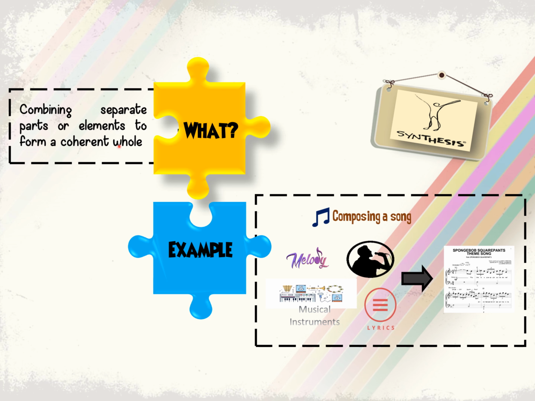Of course you need the melody, the musical instruments, and the lyrics. And who is going to sing the lyrics? Of course, the singer's voice. When you combine all these things together, you will get a song. This is the process of composing a song. Composing a song is actually one of the synthesis processes, which is a mental process.